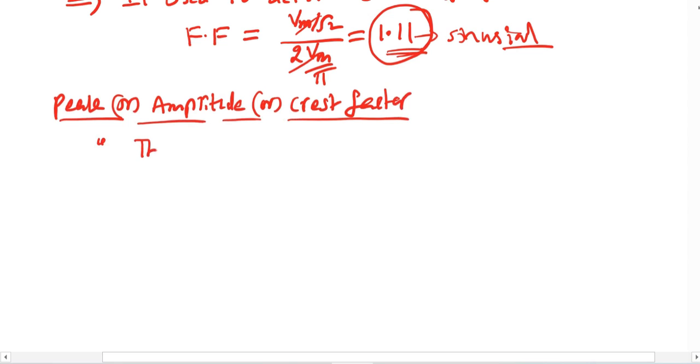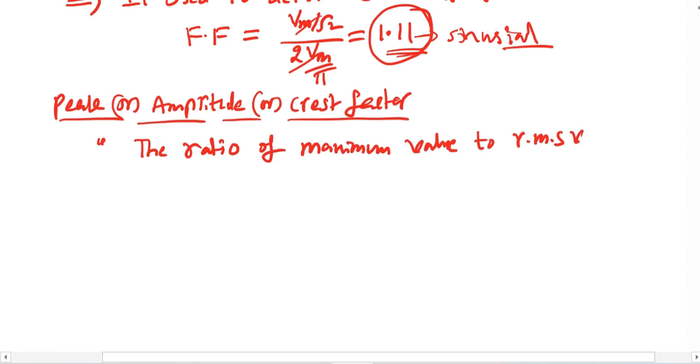It is the ratio of the maximum value to the RMS value of an AC quantity.